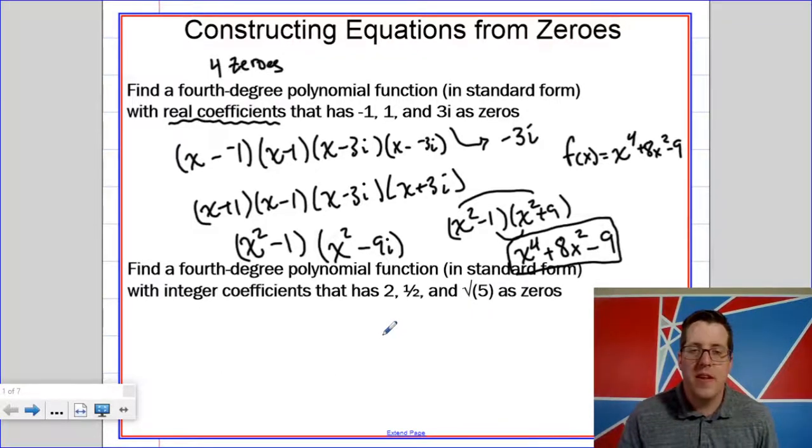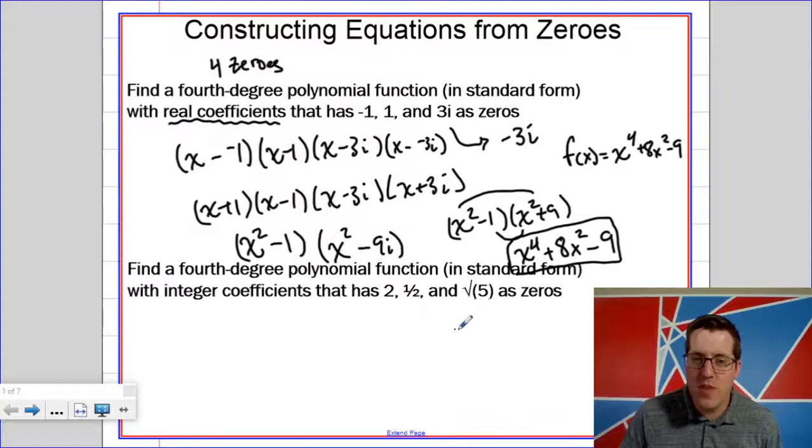Okay, next one's a little bit more challenging. Find a fourth degree polynomial in standard form with integer coefficients that has 2, 1/2, and √5 as zeros. So if I want to have rational coefficients, I need to find a way to cancel out this √5.